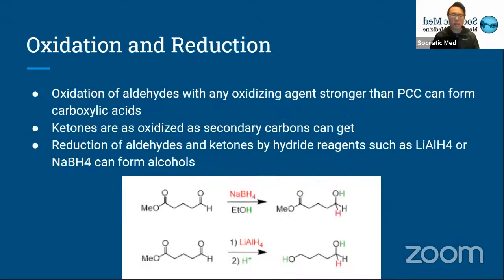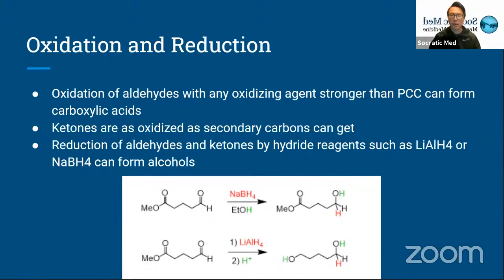Next, oxidation and reduction of aldehydes and ketones. Like I said, you can form an aldehyde from a primary alcohol using PCC, but when you oxidize an aldehyde with any oxidizing agent stronger than PCC, you can form a carboxylic acid.